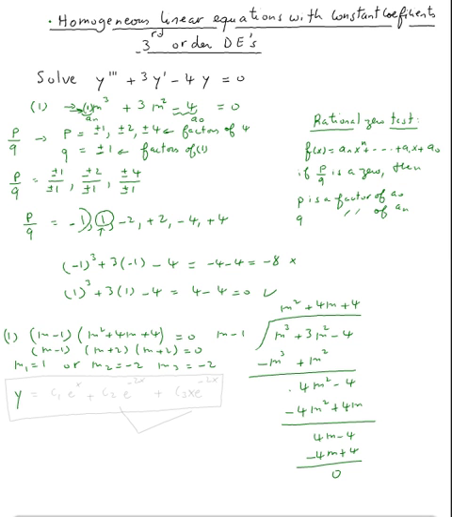So now y is equal to c1 e^(m1 x), which is e^(1 times x), plus c2 e^(-2x) plus c3 e^(-2x). But since these are repeating, you multiply the second one by x, and that's your general solution. And that's it for this example.